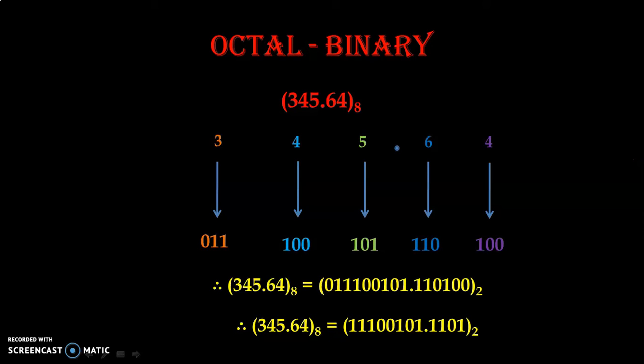Now let us see how a binary number can be converted into an octal number. So let us start with binary to octal. Now we have taken one binary number, that is 101101, and it is 6 bits. While converting from binary to octal, again we have to make groups of 3 binary bits. It is compulsory to prepare groups of 3 binary bits, right?